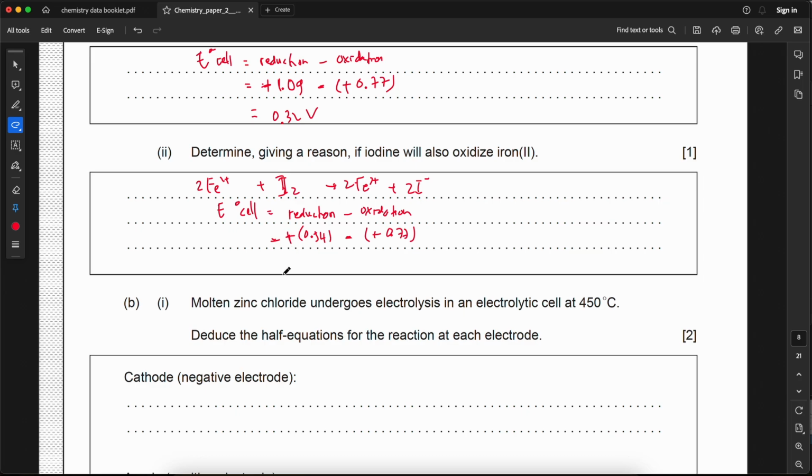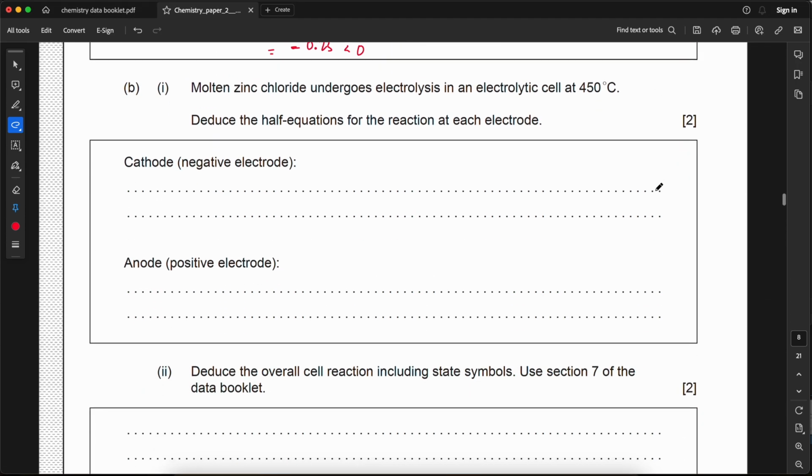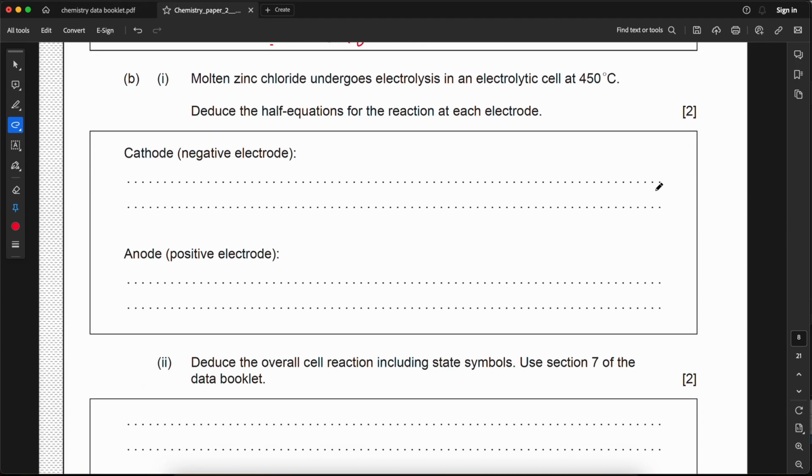You will get negative 0.23. So because the E cell is smaller than 0, iodine will not oxidize iron 2.